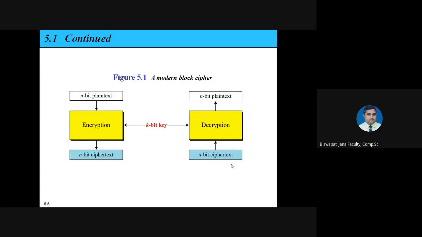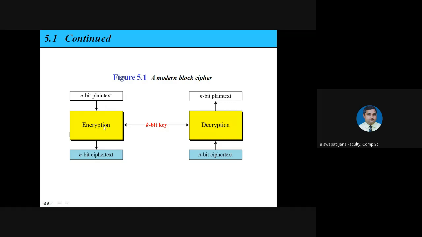Okay. So first, the modern block cipher is like this. Why is it called a block cipher? Because we have taken the n-bit block. So first, for encryption, we take n-bit plain text. It may be any size, 128 bit, 256 bit, any n-bit plain text, and then apply the encryption scheme, encryption using a k-bit key.